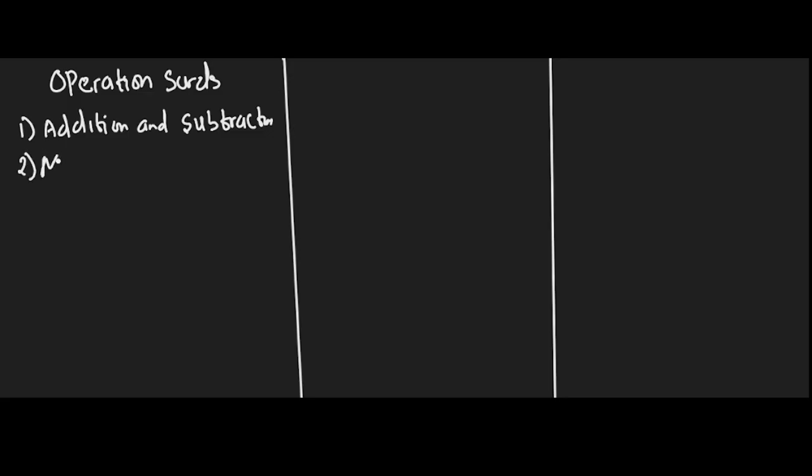Operations with surds. Under surds, we can carry out different operations. The operations that we can do are addition and subtraction, multiplication, and we can also have division.